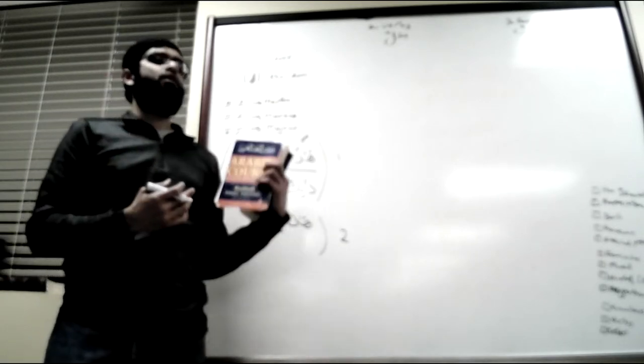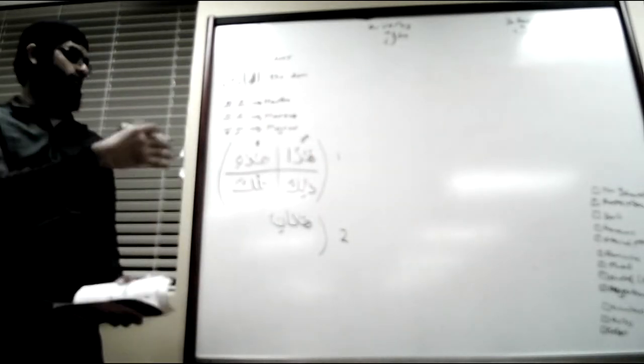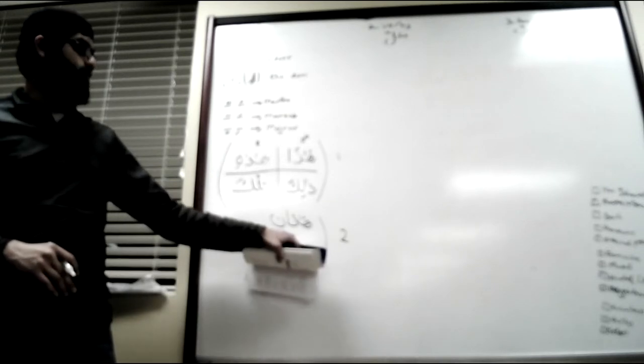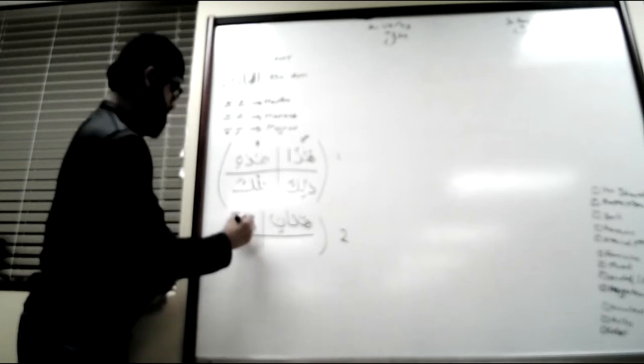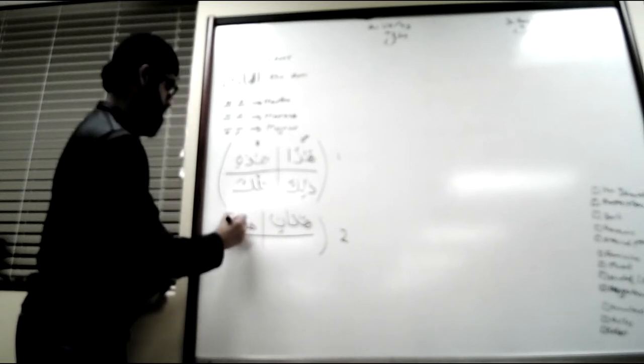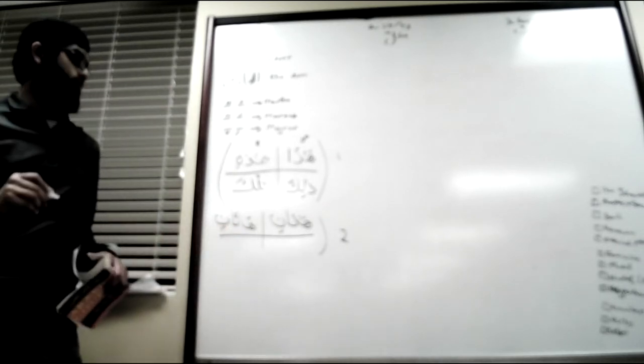I can say hadani babun wa baytun. This is a house and this is a door. Okay, so hadani is the dual form of hada. And then the dual form for feminine is, Yusuf said it, hatani. So you use that for the dual form.